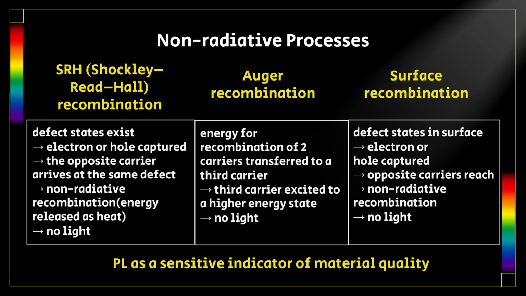The third one is surface recombination. It is also a non-radiative process in which carriers recombine rapidly at the material surface due to a high density of surface defects.